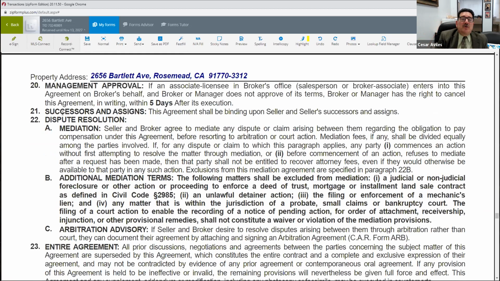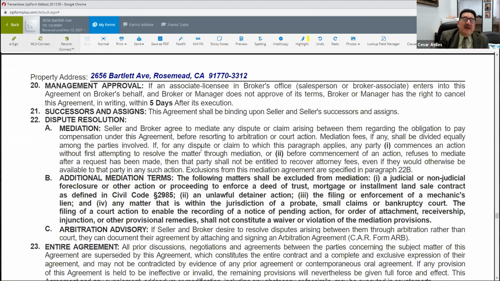On this one is also management approval. Let's say that one of you decide to take a listing for 1%, or do like Rudy does, and he takes a listing for 1% and you bring it to the office and I say, I'm sorry, Marcos, you cannot take a listing for 1%. You're out of line. You have to take them for 6 or I don't accept it. So the broker, the manager has permission to cancel your listing and send it back and say, hey, your listing is not approved.